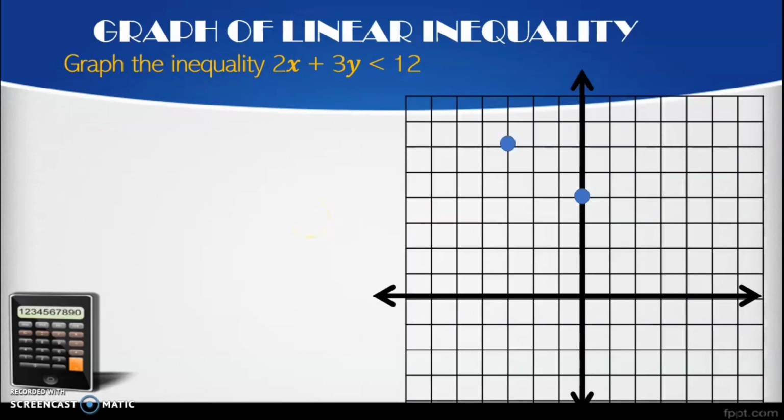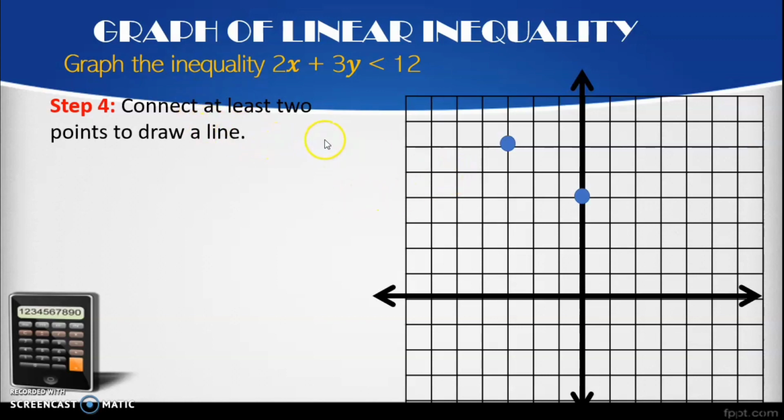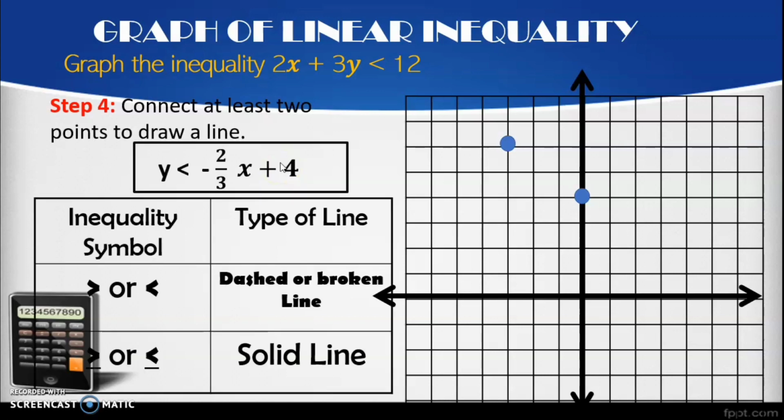Next, step 4. Connect at least 2 points to draw a line. Pero, i-determine pa muna natin anong klaseng line ang i-draw natin. Solid ba or dash line? Balikan natin yung sinabi natin kanina. Our inequality is y less than negative 2/3 x plus 4.